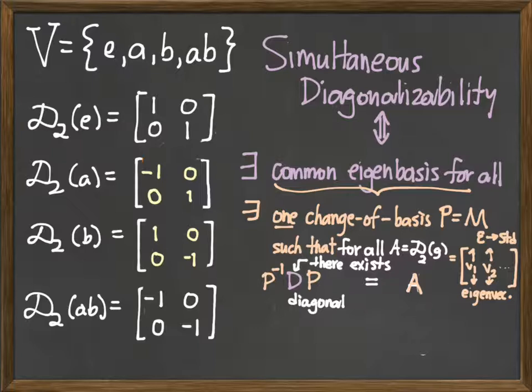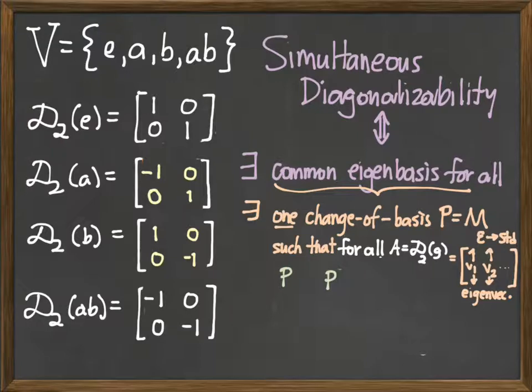So let me clean this up just a little bit. Such that for all A in the representation, let's write this the other way around: P times A times P inverse is equal to D. P A P inverse is diagonal.